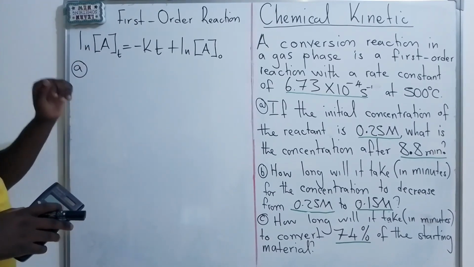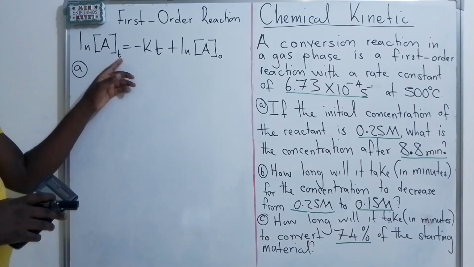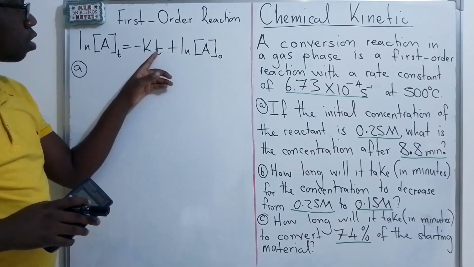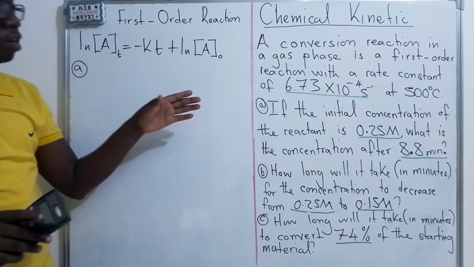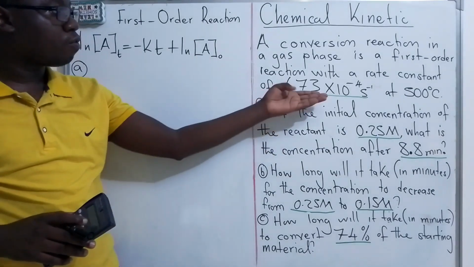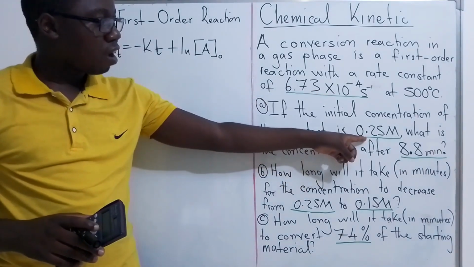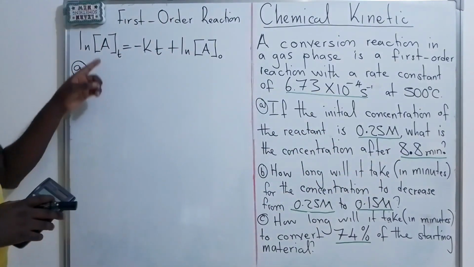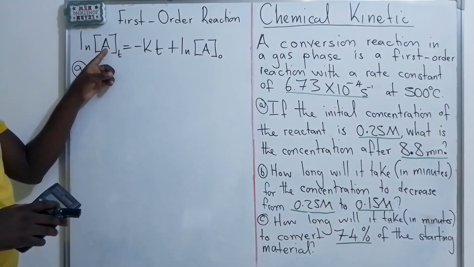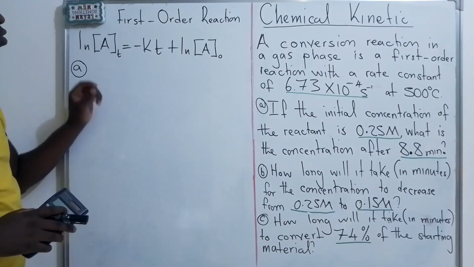After you look at this equation, we have the concentration at a given time here. Then we have the rate constant, the time, and the initial concentration. So when you look at the question, we have the K value, which is the rate constant. We have the initial concentration, we have the time. So they have asked us to find the concentration after 8.8 minutes.